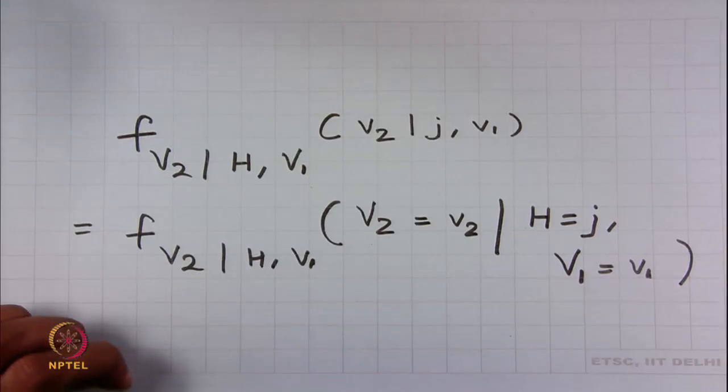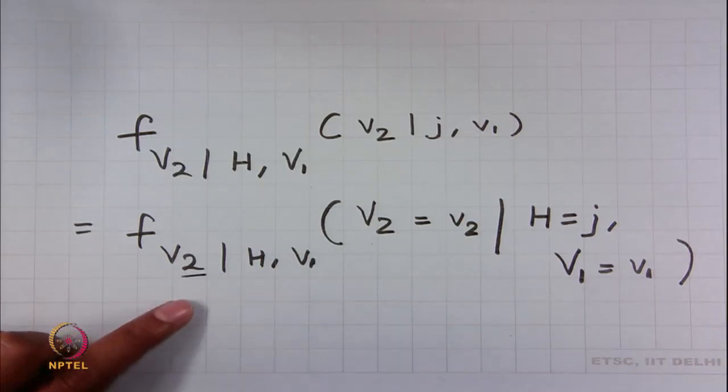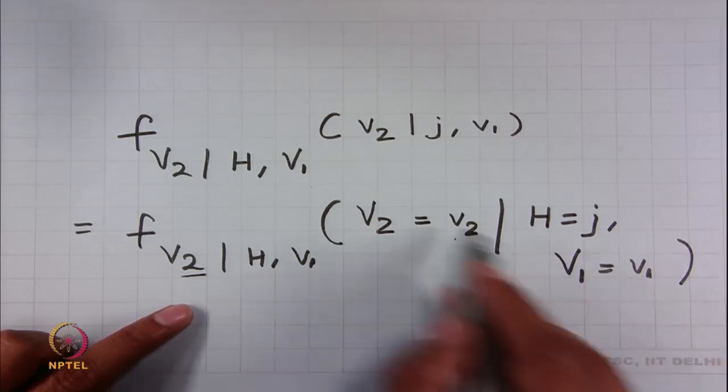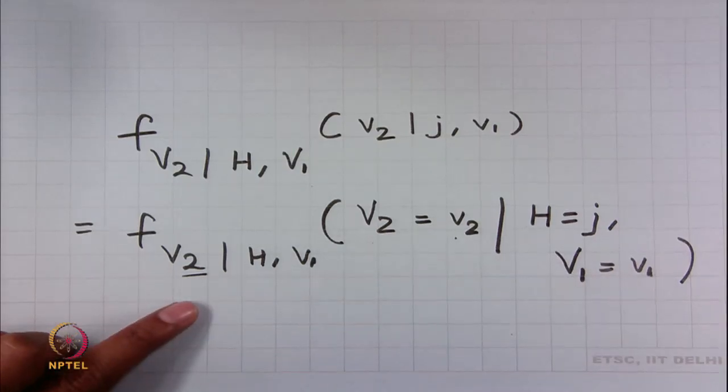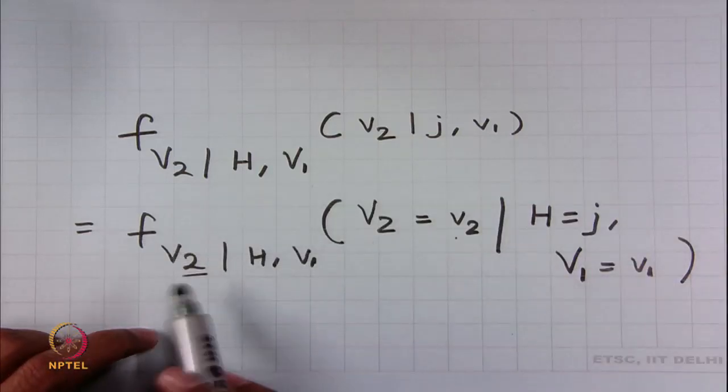When we have discussed random variables and random processes, we have said that we usually denote random variables with capital letters and numerical values of those random variables with small letters. So, this is the conditional PDF of V2 given H and V1.